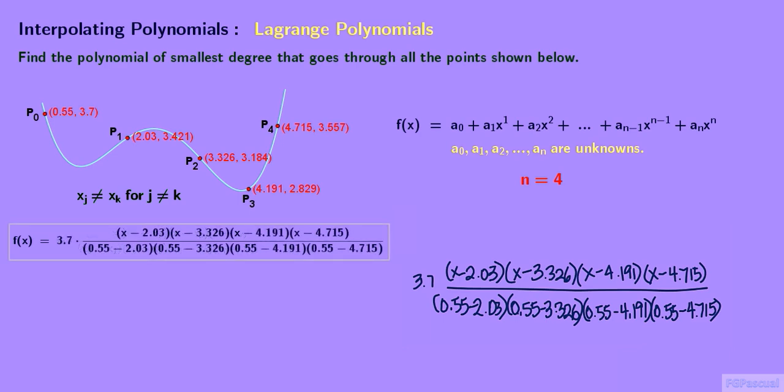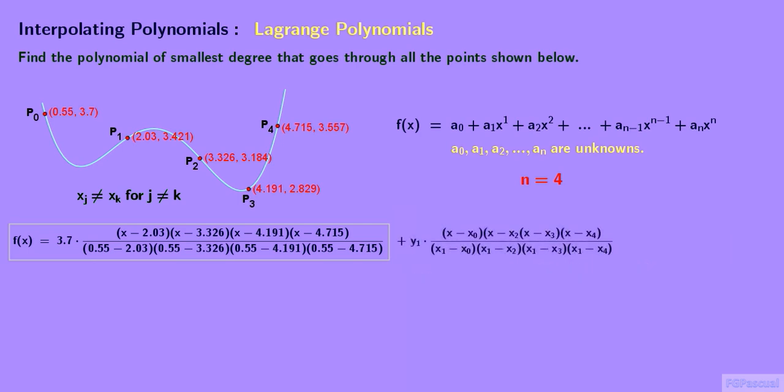Now let us try it out with the second fraction. Starting off with y sub 1, which in this case is 3.421. The first factor in the numerator is x minus x sub 0, or x minus 0.55.